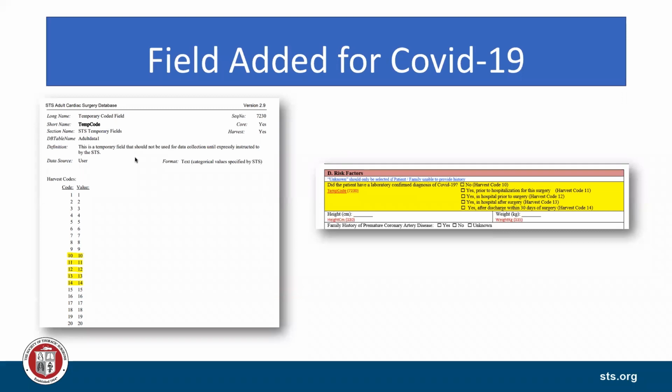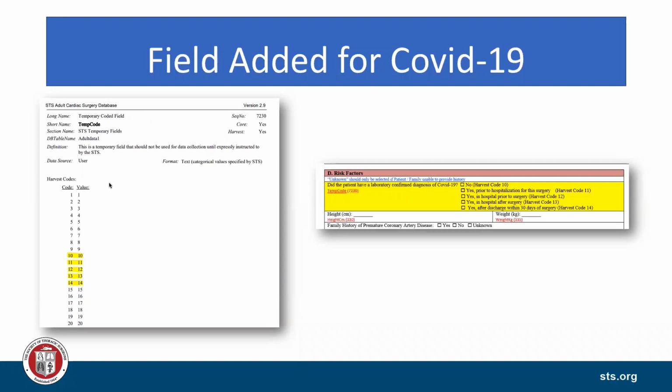Next slide here. This is what has been added to the data collection form for version 2.9. We have these temporary fields that are built with every version, and these temporary fields are intended to only be used as instructed by STS for occasions like this. This is the second time, I think, in 10 years that STS has ever had to use these temporary fields, which is really good.